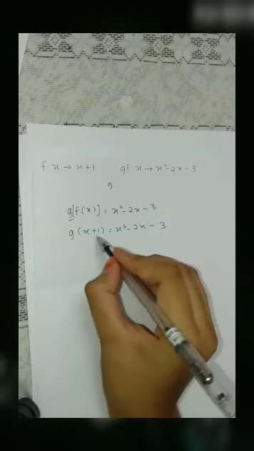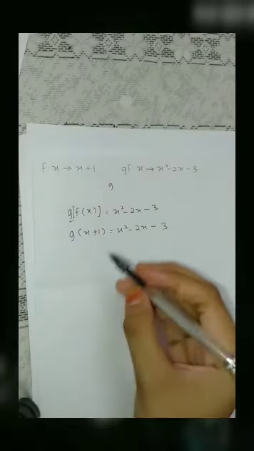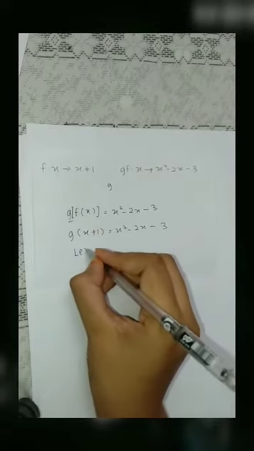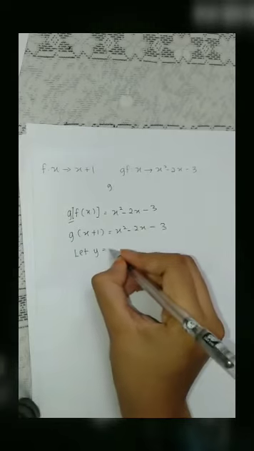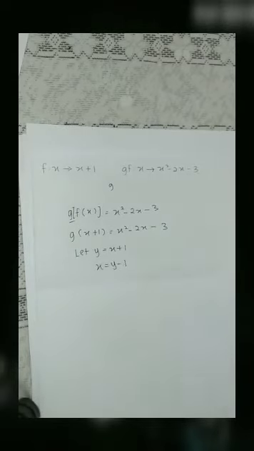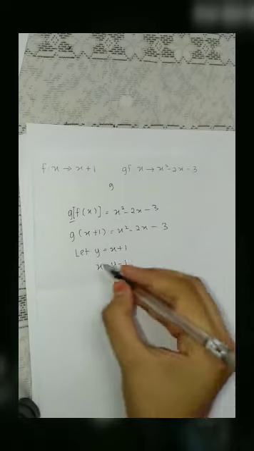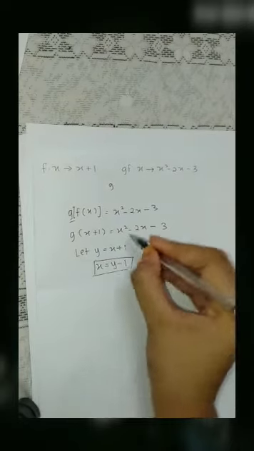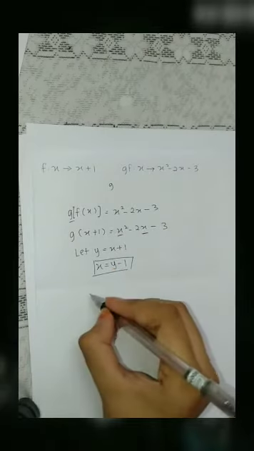So we cannot just move this to here, so we have to let y equal to x plus 1. So x equals y minus 1. So we have to replace this into here and here.